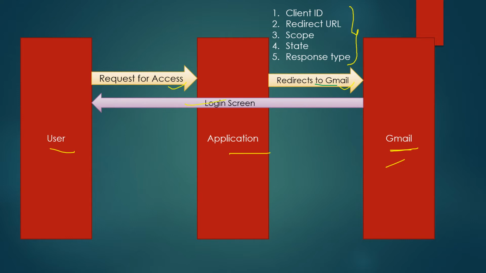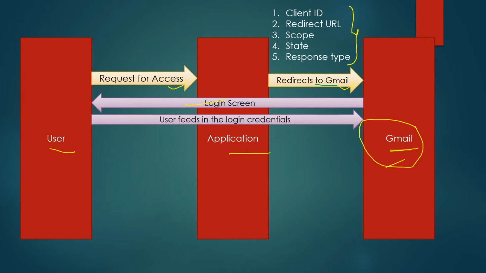So the login screen is prompted directly by Gmail, not the original application. Once the user feeds in the login credentials, the credentials are passed only to Gmail. They are not passed to any other third-party provider or any other place.